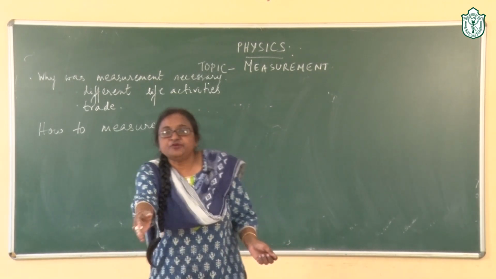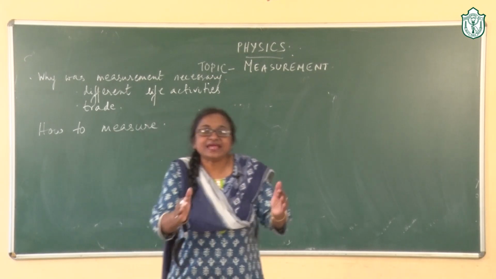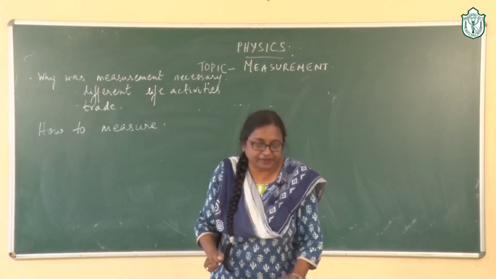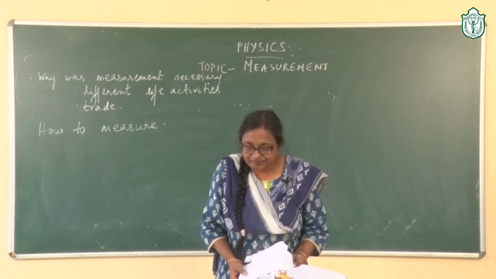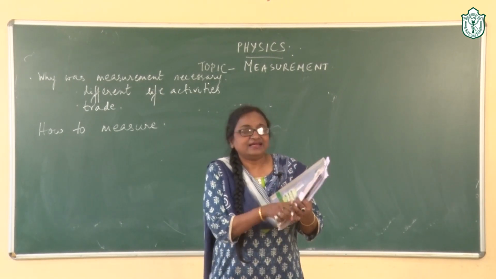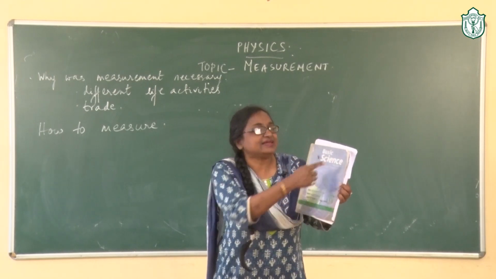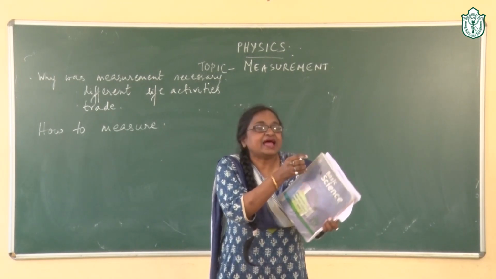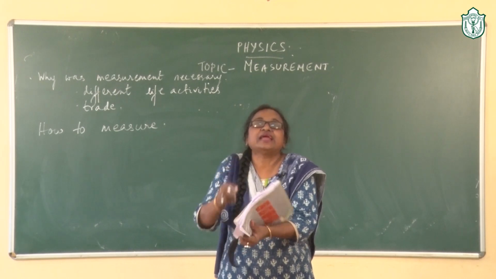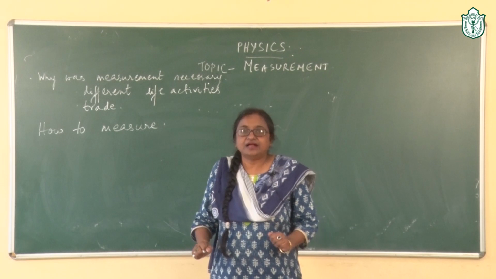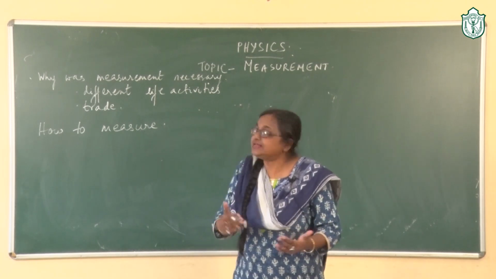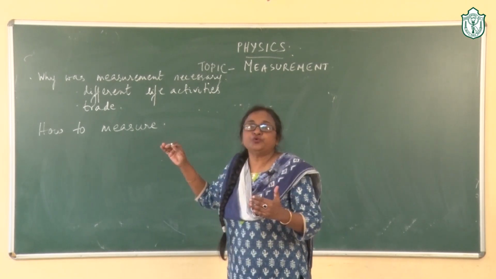So, if you are asked, take your book, the book you are reading. You know what this is? Length. Yes. This is the breadth and this is the width. Can you measure it? Yes, we can all measure it. Now, what do we measure?